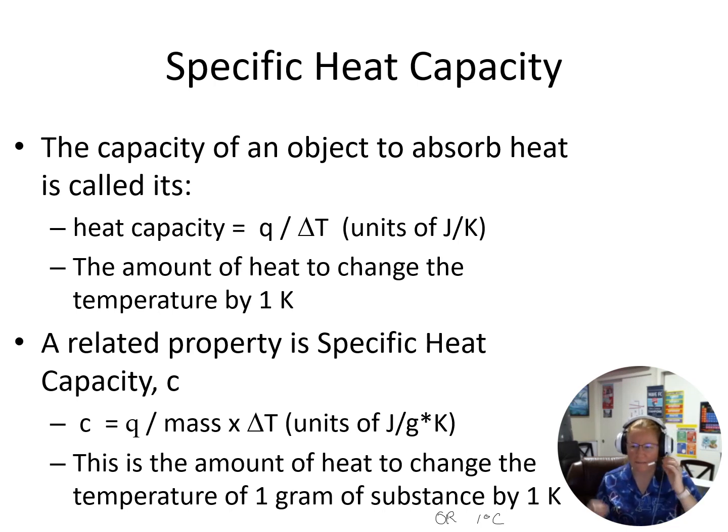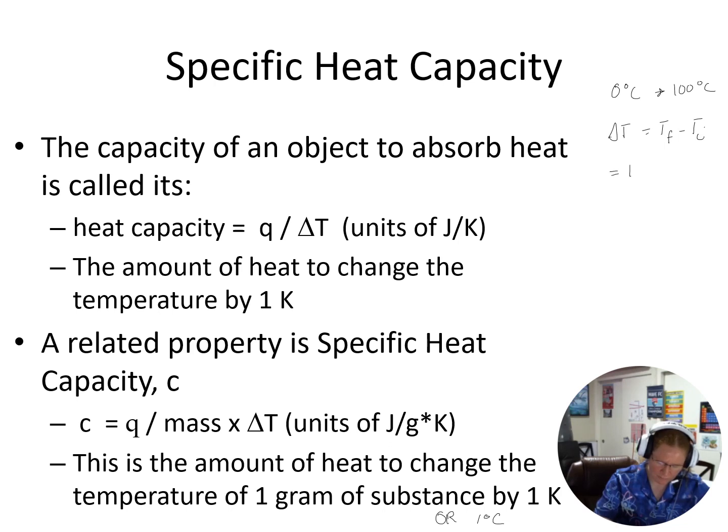And so when we do a temperature change, the magnitude of that change is exactly the same in Celsius and Kelvin. So let's say I went from 0 degrees C up to 100 degrees C, okay? My change in temperature is my temperature final minus my temperature initial. 100 minus 0 gives me 100, okay?